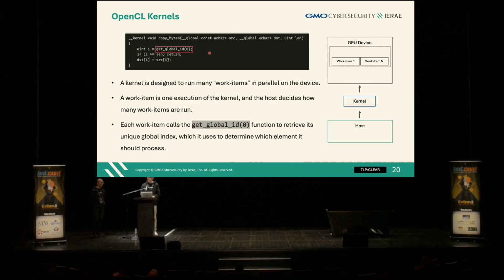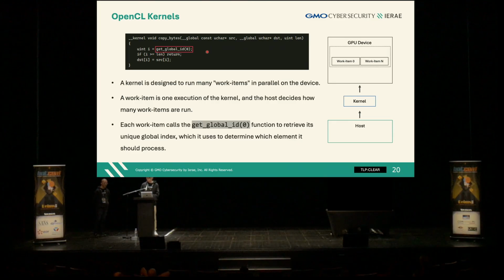So this is an example OpenCL kernel that I wrote. This is non-malicious, just an example. Basically, these kernels are designed to run what are called work items in parallel on the GPU. A work item is effectively one execution of this kernel, and it's the host who decides how many of these kernels are executed at once.